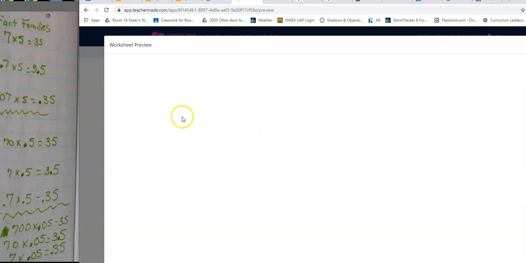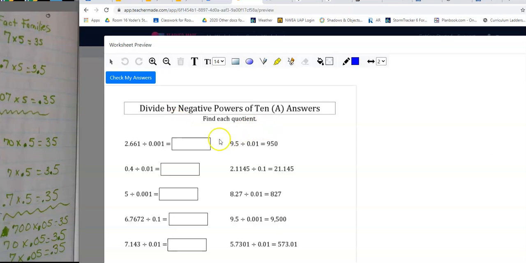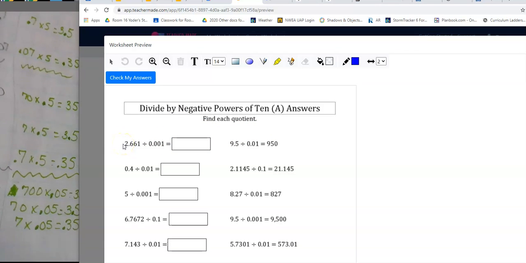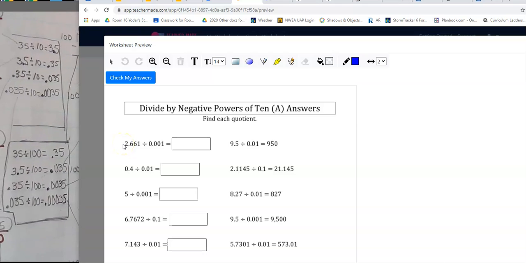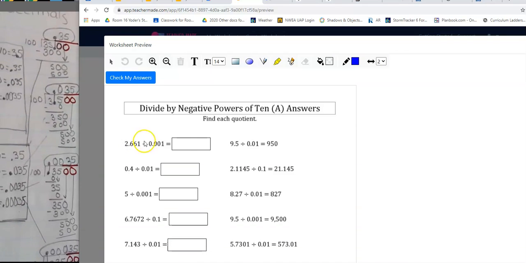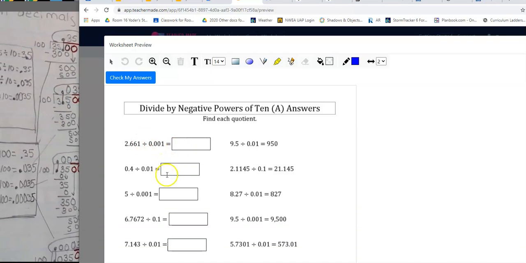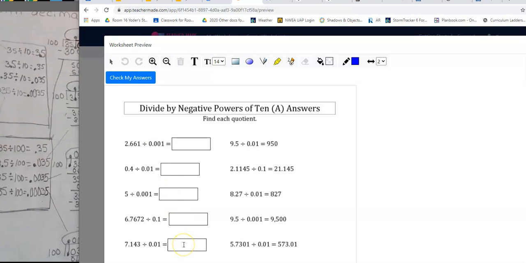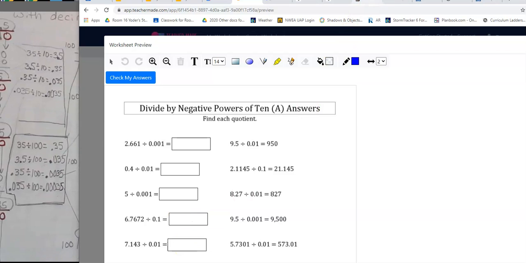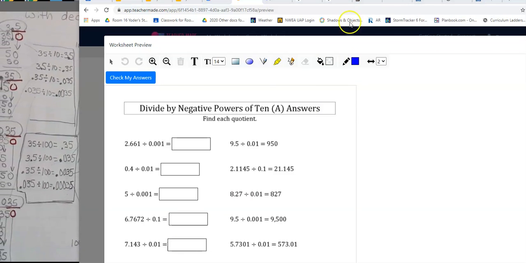Preview. There we go. I had it all set and then it decided to close itself out. This is your assignment today. And you'll notice all the work that I did was long division. You only need to do the 5 that have these blank boxes. And you are able to show your work right in here.